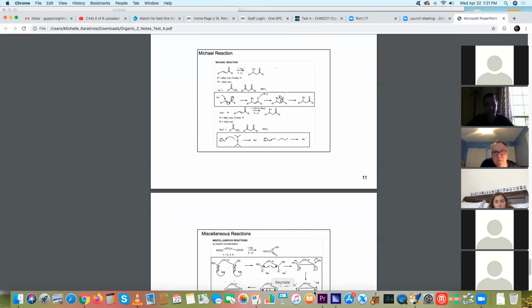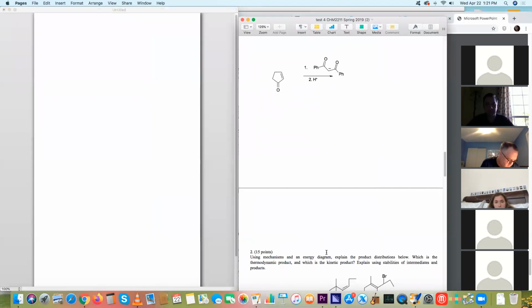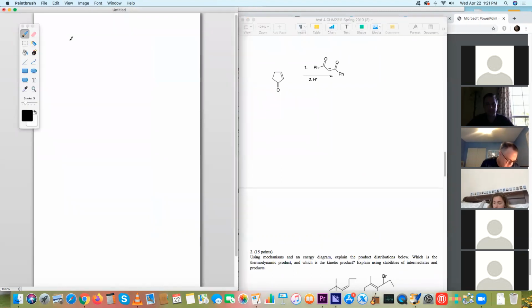So when we're looking at an example like the one I'm showing you here, and again, I think showing the mechanism for this is also useful. I'm not going to show it here, but actually doing the mechanism is helpful. So the product is going to look like this.